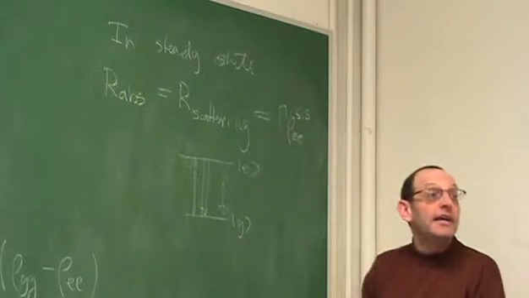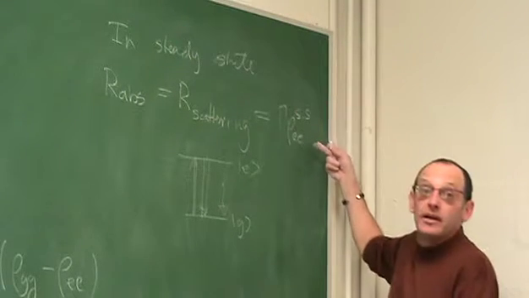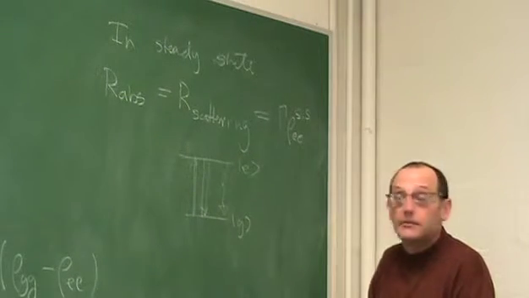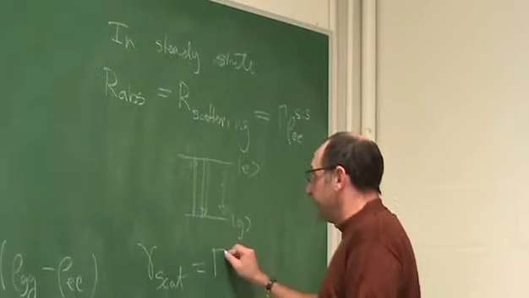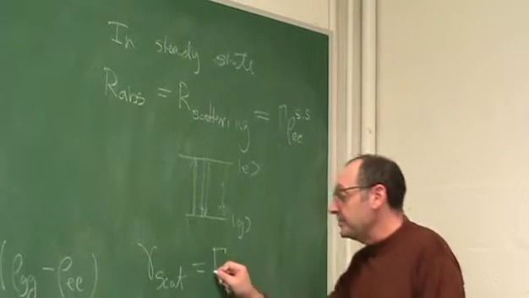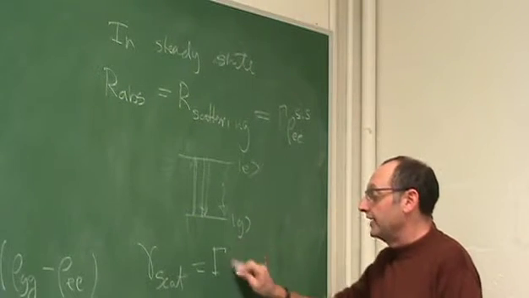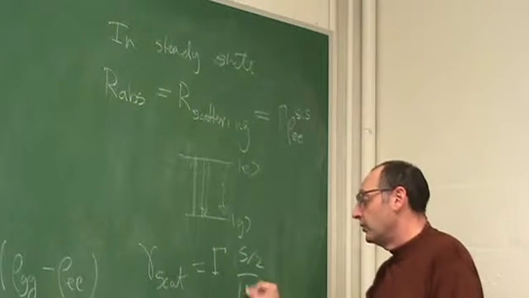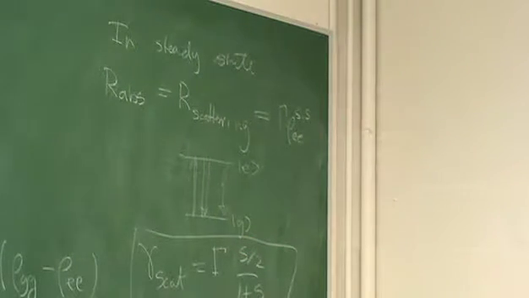The rate at which spontaneous emission happens is the 1 over the lifetime times the fraction of the population that's up there. And thus, the scattering rate is equal to the spontaneous emission rate times the fraction of the population in the excited state. And the fraction of the population that's in the excited state is s over 2, 1 plus s. Does that make sense?